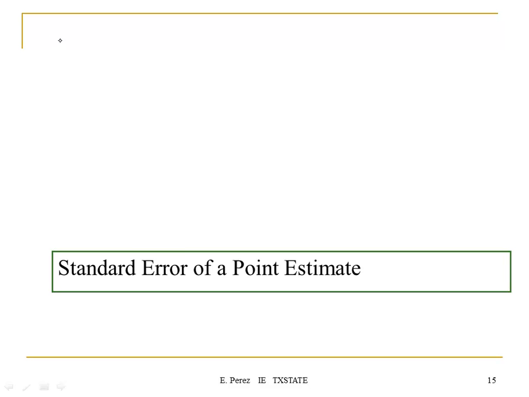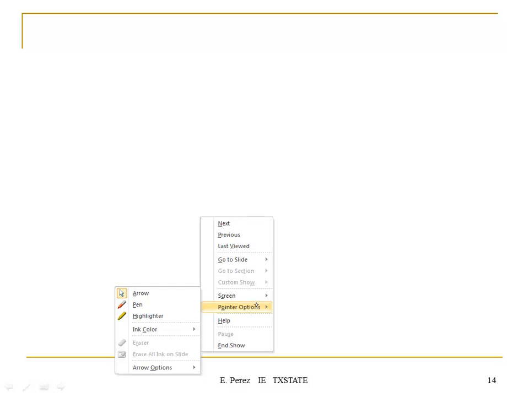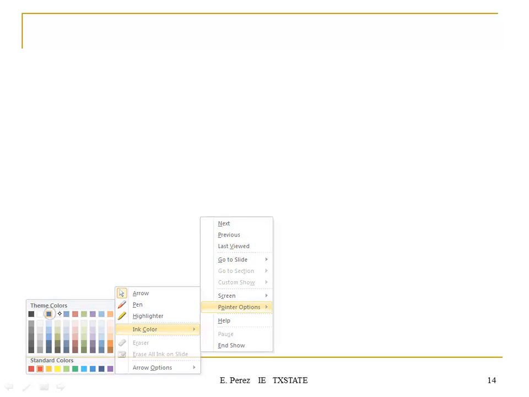So if you find X bar, it should be equal to 13.71, and if you found the standard deviation, it should be equal to 3.55. Okay, so you need to find a 95% confidence interval.